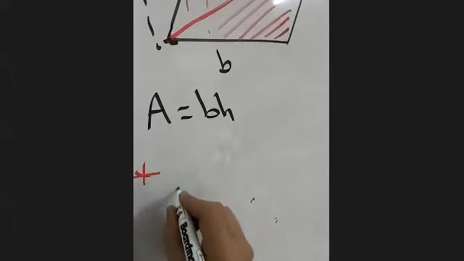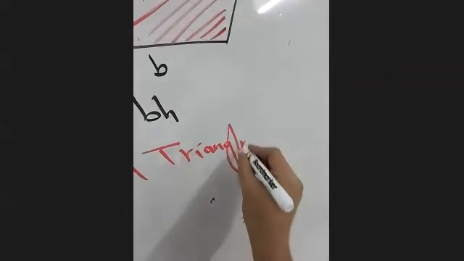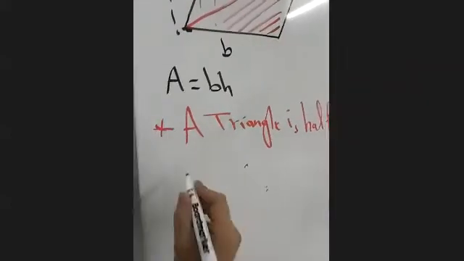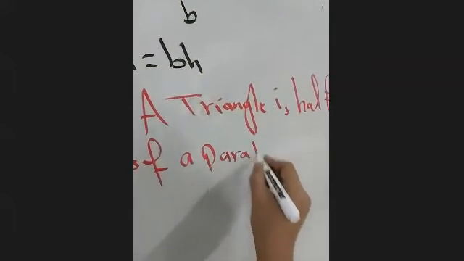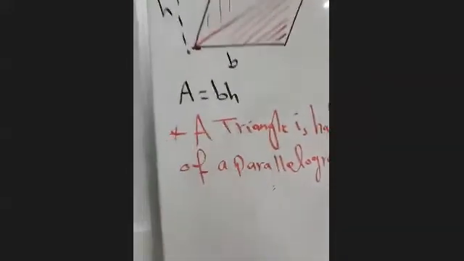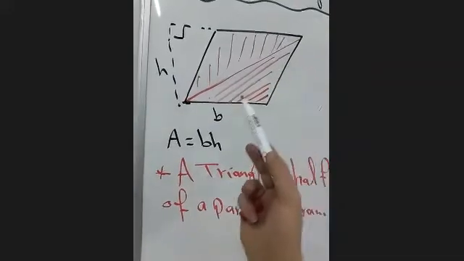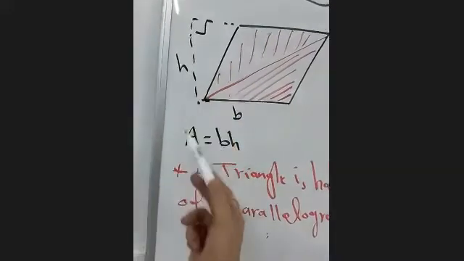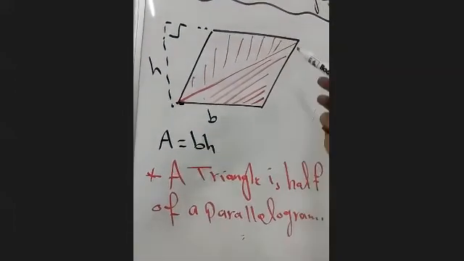A triangle is half of a parallelogram. Again, this is the parallelogram, the black one. It has base B and height H. The area of the parallelogram is BH.